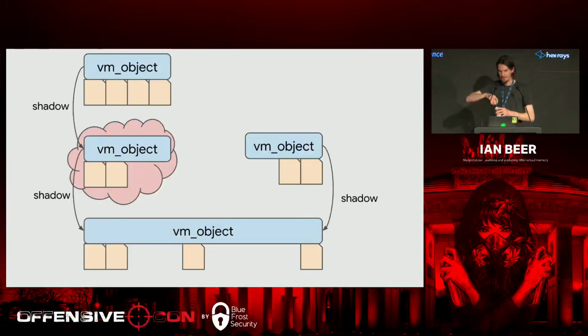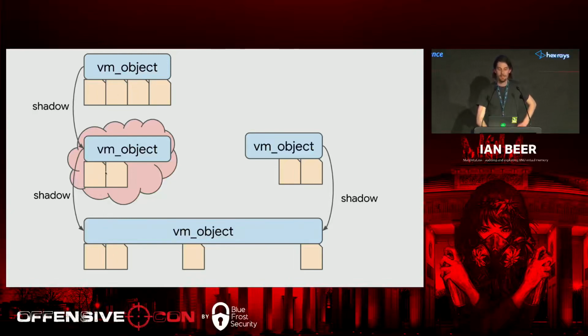So on the left, we have a shadow chain of 3 objects, where the upper VM object already has resident pages which completely cover anything which the VM object 1 layer below could ever contribute. And since this is the only pointer into this VM object here, it cannot be the case that these pages are actually referenced in any page tables.